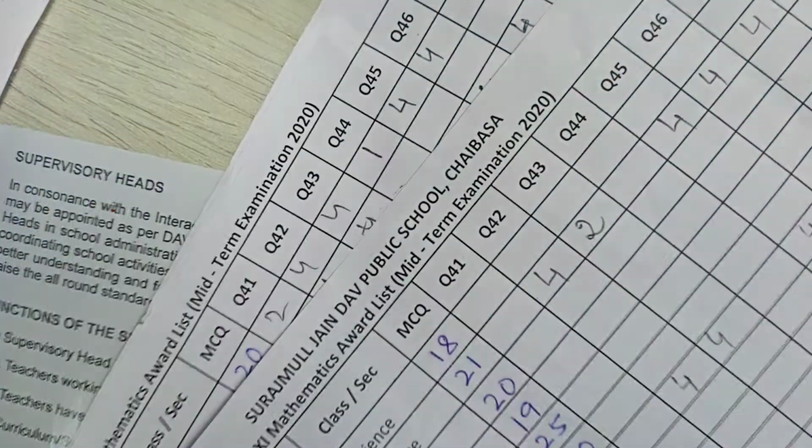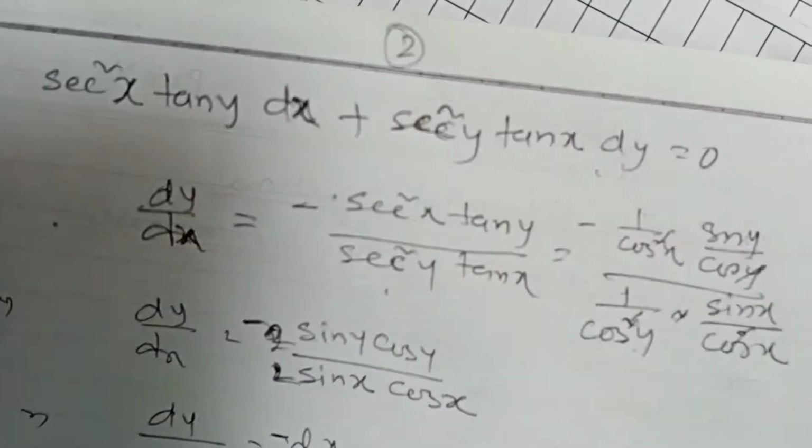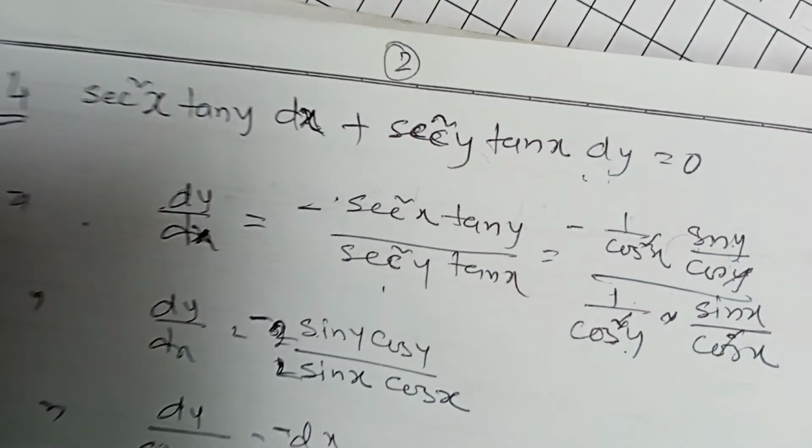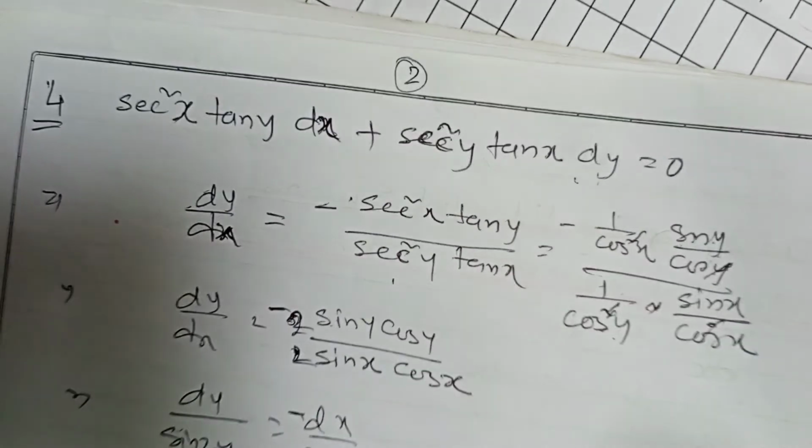See some more questions. Question number 4, also variable separable. We may not understand what we will do. Whatever equation is given, whether it is homogeneous or variable separable, we cannot tell in the exam. So we will first find dy by dx, and the rest of the terms will be on the other side. Then we can see whether we can separate y and the function of y on one side and dx and the function of x on the other side.